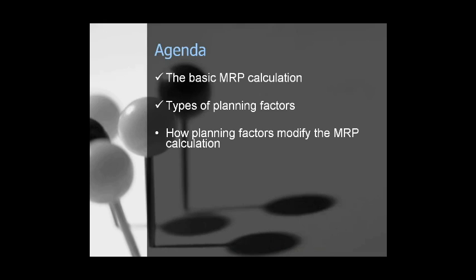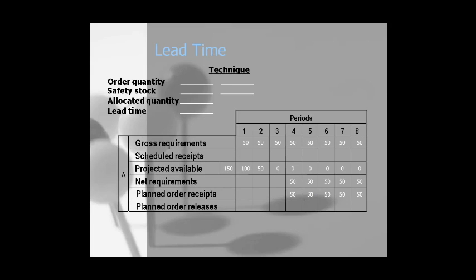So now let's take a look at those planning factors. All right, let's start with the most common planning factor, lead time. What is the replenishment lead time? And we're using the same data that I used for the MRP calculation at the beginning of the webinar here.